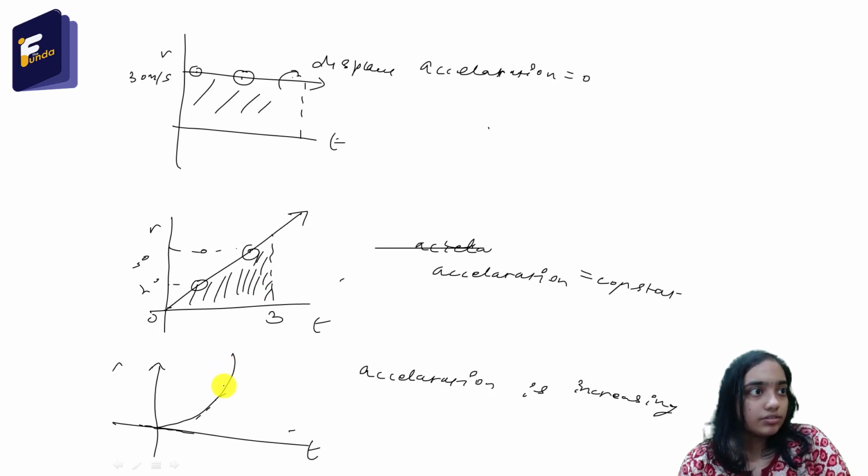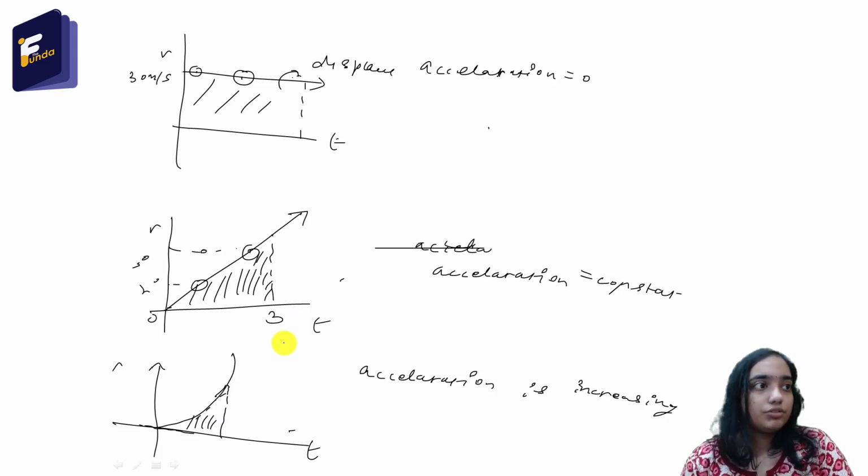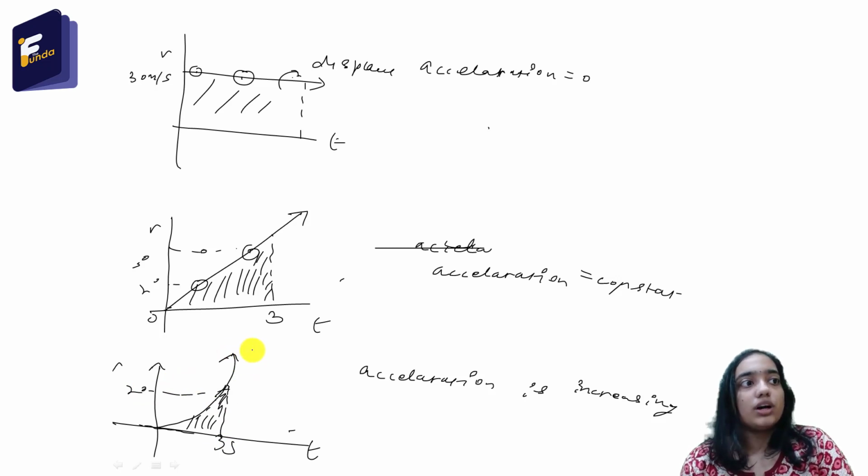And for this graph also, you have to find this area. And for a curved graph, to find the area, you have to use integration. If you know calculus, then you can easily find it. Say it is 3 seconds, it is 20, and if I know the formula of this graph, say y equal to x square or something, then you can easily find the displacement, that is the area under this graph.